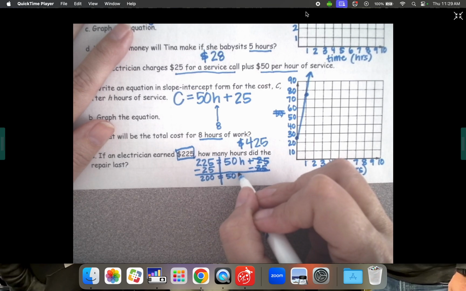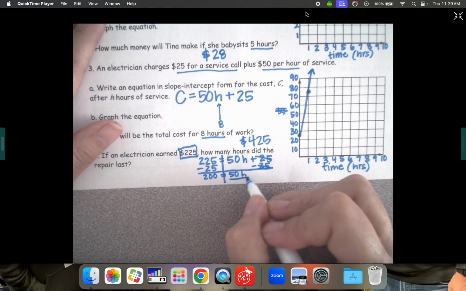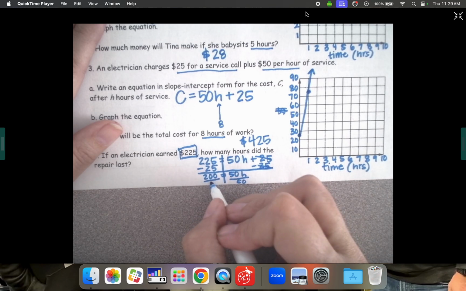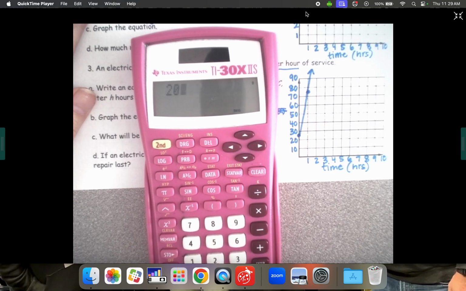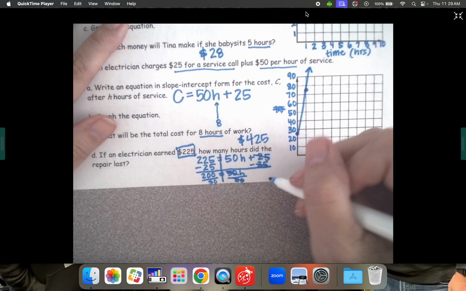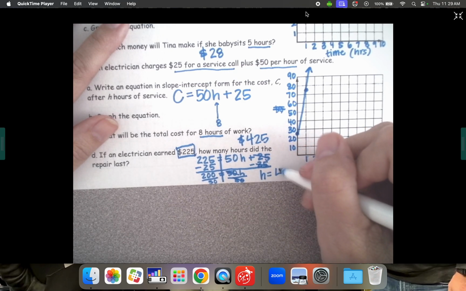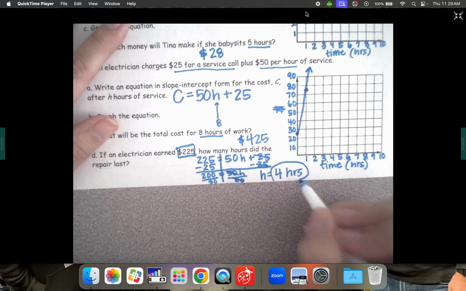And then you divided that by 50 because you know that the electrician makes $50 per hour. So if you divide by 50 on both sides, 200 divided by 50 should be 4 hours worth of work. So the hours would be 4, or 4 hours, however you want to say it.